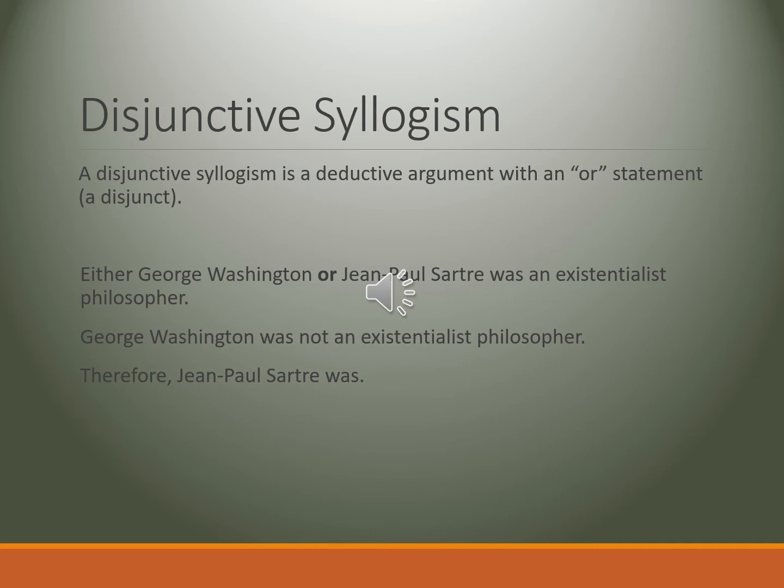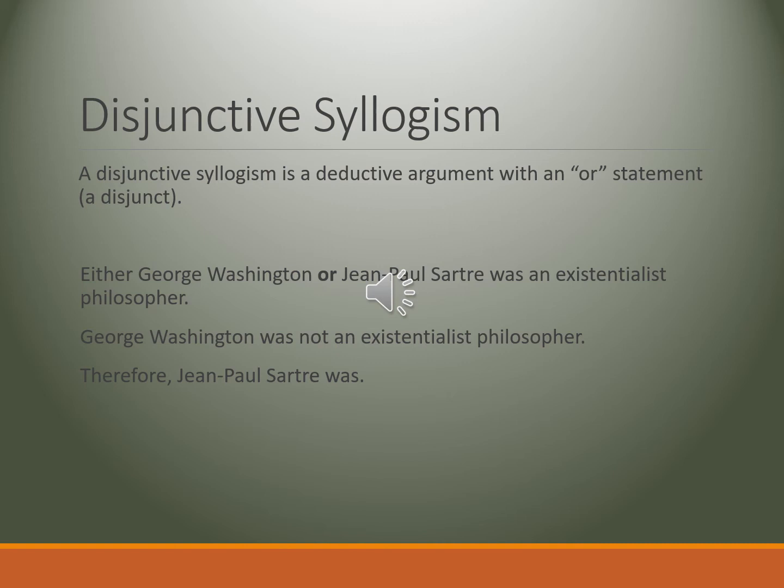As you can see down below here, this is an example of a disjunctive syllogism because the first statement or premise, either George Washington or Jean-Paul Sartre was an existentialist philosopher, is the marker of this kind of syllogistic argument. So either George Washington or Jean-Paul Sartre was an existentialist philosopher. George Washington was not an existentialist philosopher, therefore Jean-Paul Sartre was.